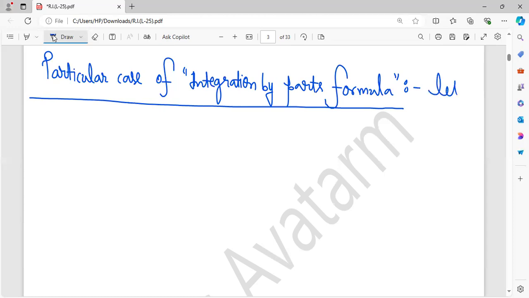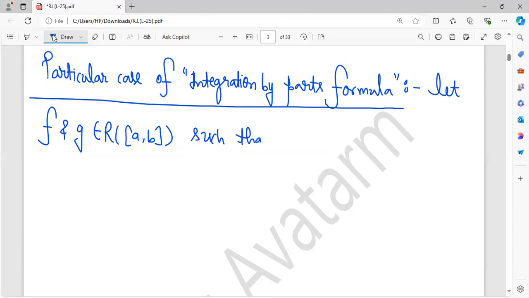Let f and g belong to R[a,b] such that f dash and g dash also remain integrable.